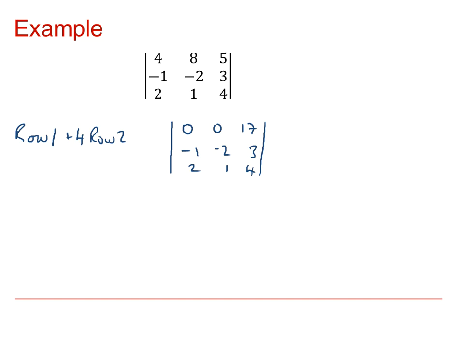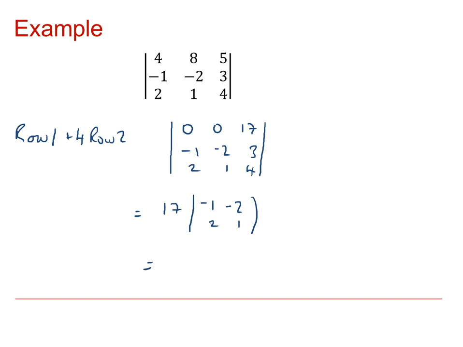And now we've produced a matrix which has got zeros in the top row, apart from the last element, which was 17. So therefore its determinant is very, very straightforward, because it will just be equal to 17 multiplied by the determinant of -1, -2, 2 and 1.